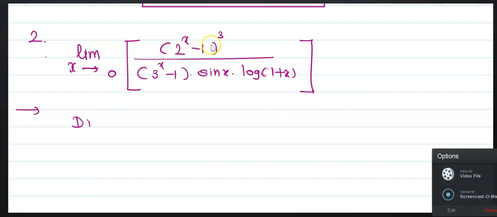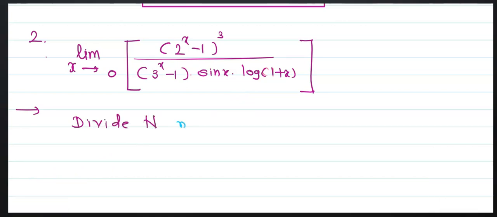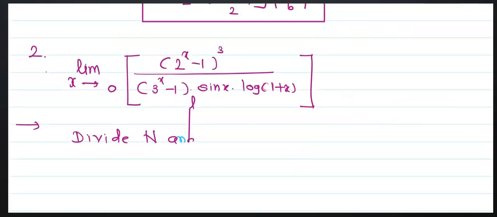Now the 2 raised to x minus 1 bracket cube, this term will require x cube. Therefore, again, to the denominator 3 raised to x minus 1 upon x, sin of x upon x, log of 1 plus x upon x. It means we divide the numerator and the denominator by x cube.